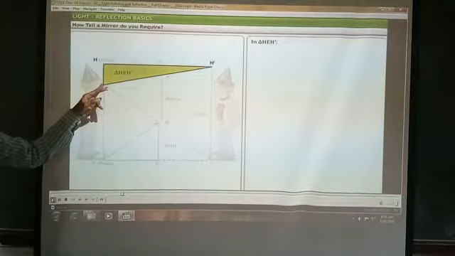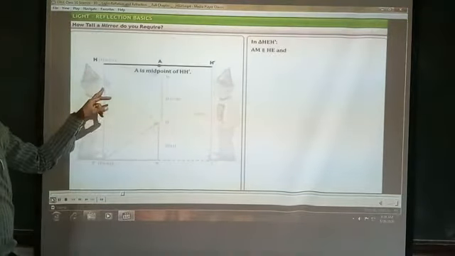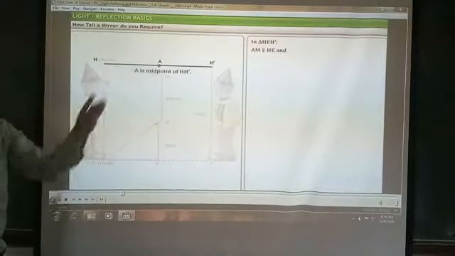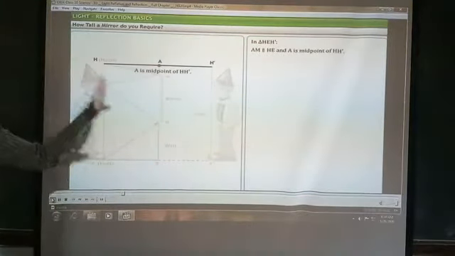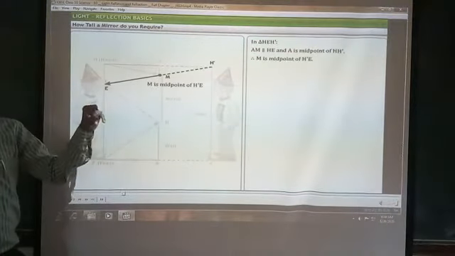So here the height will be the same. I previously discussed the triangles. Here AM is parallel to HE, and A is the midpoint of HH'.